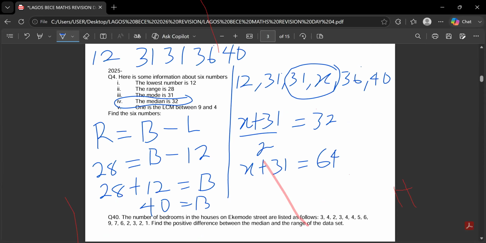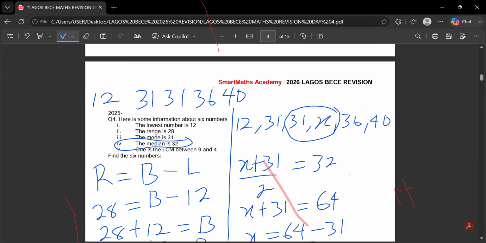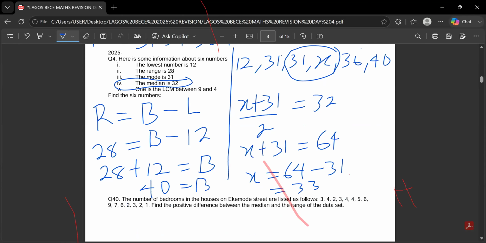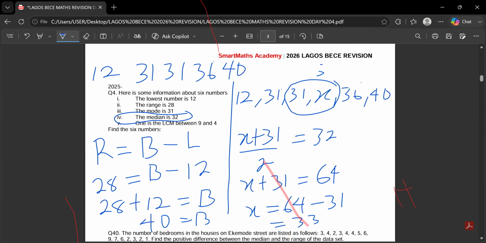So x is 64 minus 31, which gives us 33. So the numbers are 12, 31, 31, 33, 36, and 40.